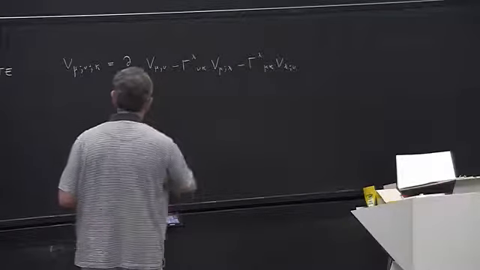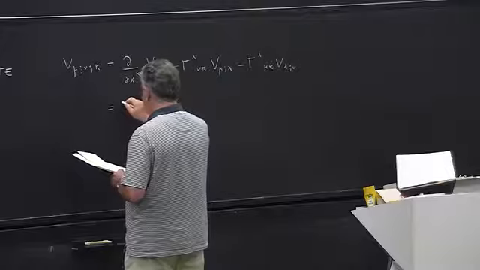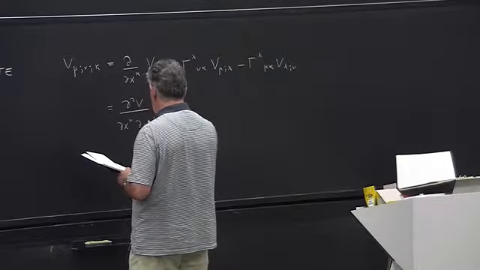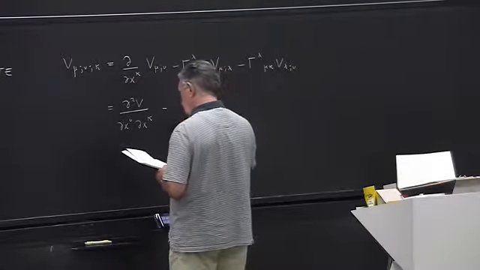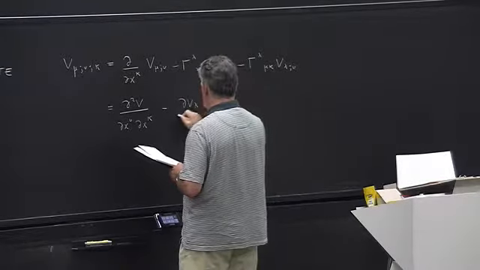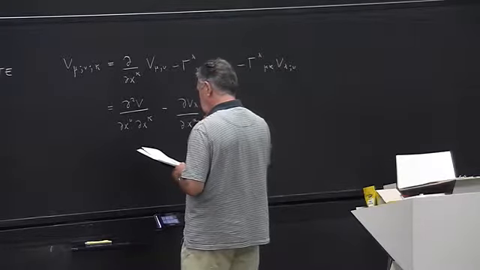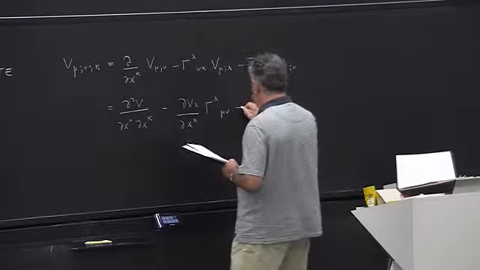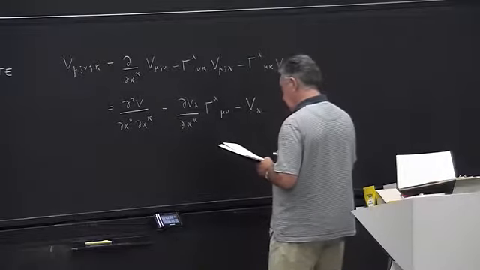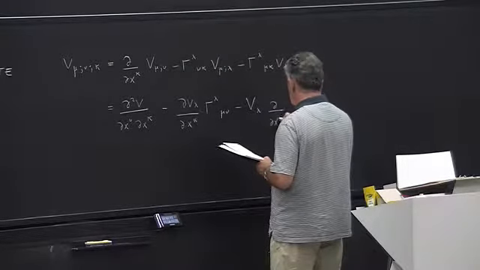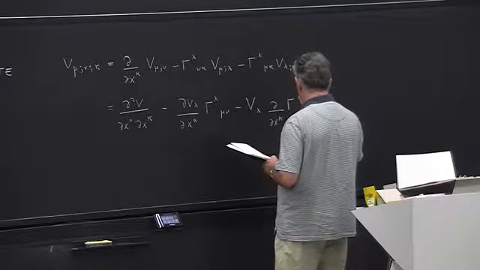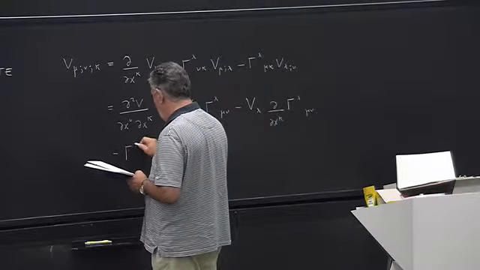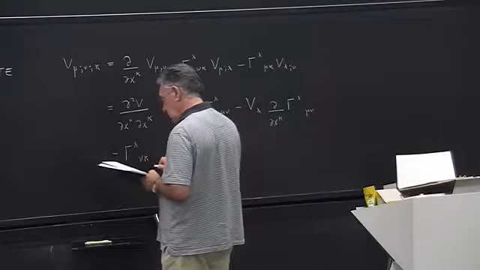But now I apply it on the new index, and I get ∂²V_μ/∂x^ν∂x^κ minus ∂V_λ/∂x^κ Γ^λ_{μν} minus V_λ ∂/∂x^κ Γ^λ_{μν} minus Γ^λ_{νκ} ∂V_μ/∂x^λ.